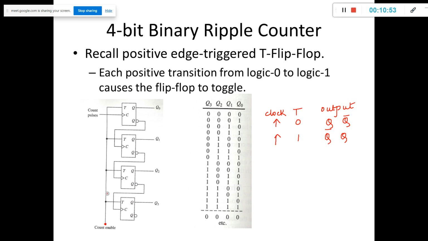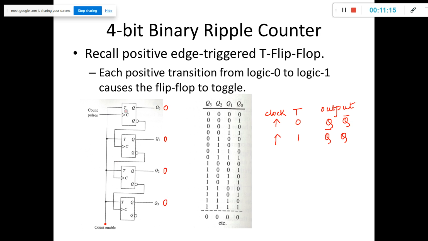So whenever the count enable is 1, this counter will work. Initially let me assume all are 0, 0, 0. Next I will apply the count pulses.